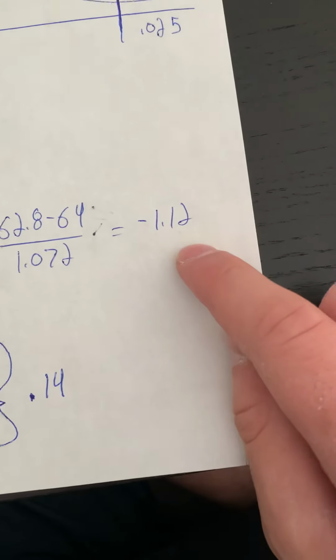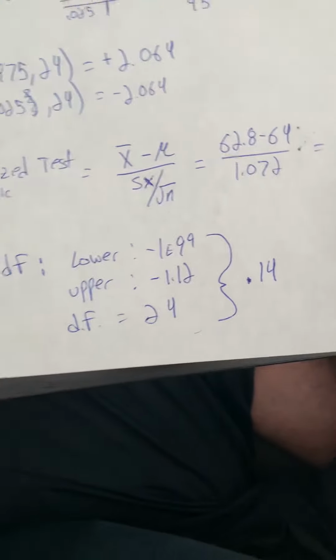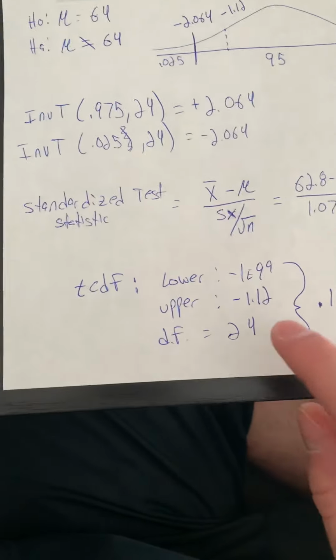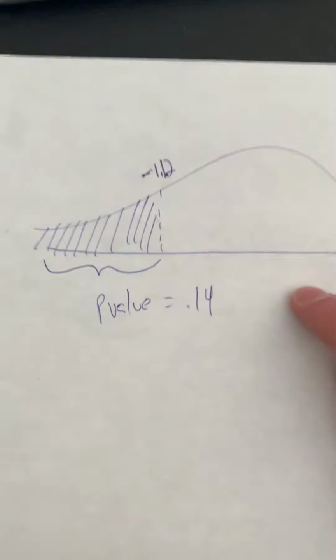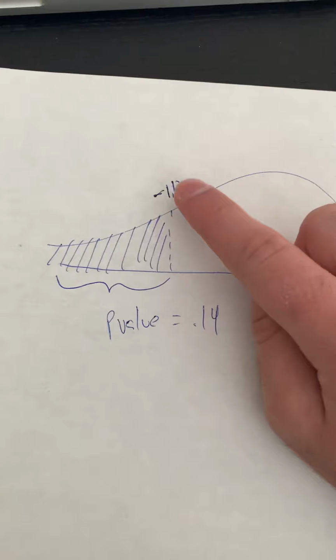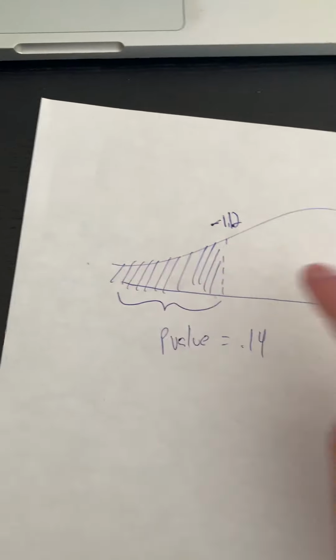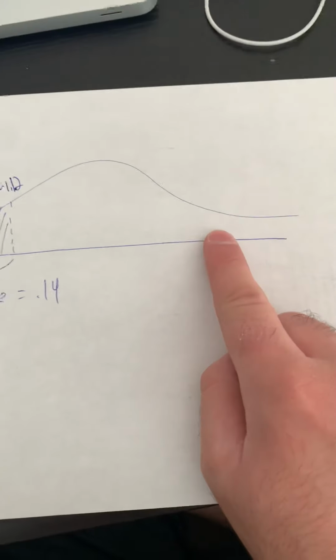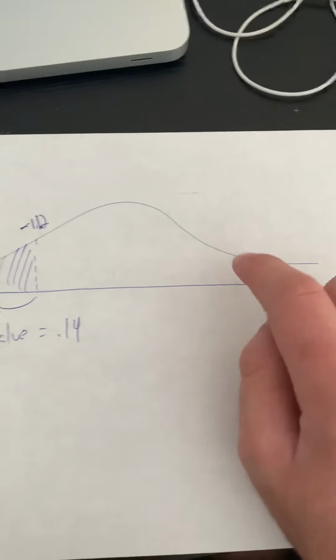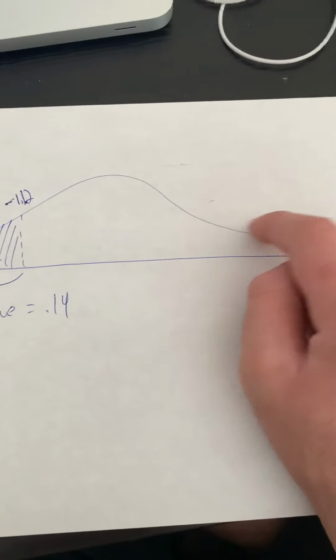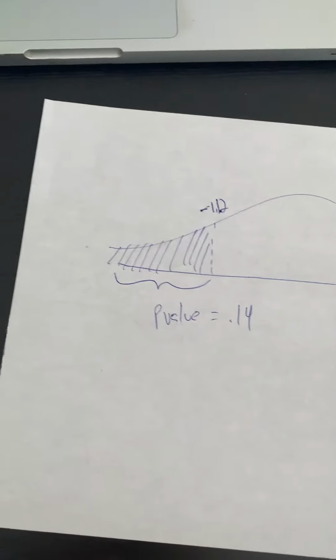So there's my standardized test statistic, and some people reached out asking how to get the p-value, right? So the p-value is simply the probability of getting a test statistic this low or lower. If we had a test statistic that ended up on the high side, it would be the probability of getting a test statistic this high or higher, right?